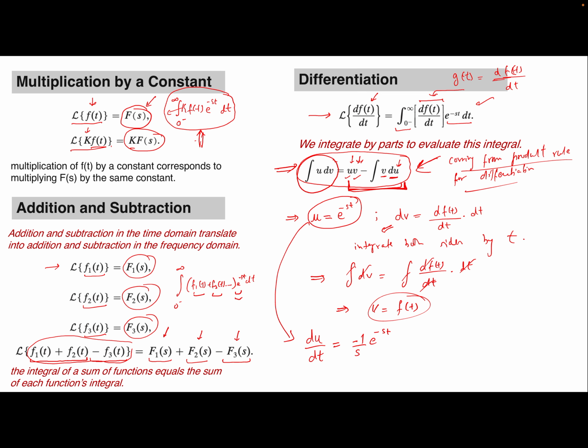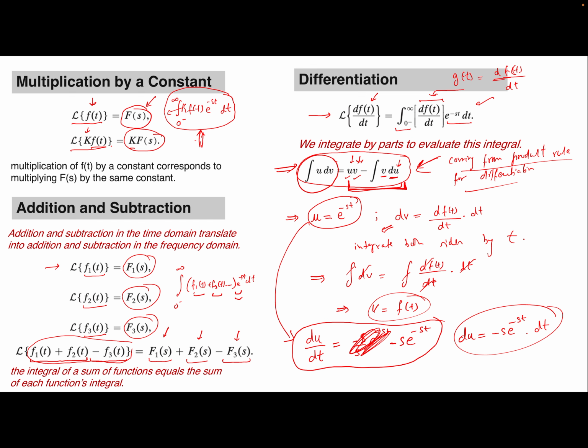I am not taking an integral, so it should come out to be minus s e raised to power minus st. Okay, this is the derivative. And of course, I need a du exactly, so du should be minus s e raised to power minus st times dt.